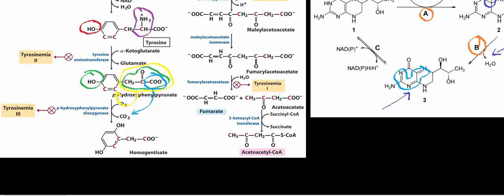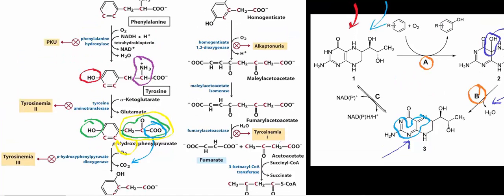So it does have a life of its own outside of this pathway in other organisms. So other organisms can catabolize phenylalanine and tyrosine down to this point, and then they can siphon off homogentisate into other biosynthetic pathways. So I just thought that was worth mentioning.